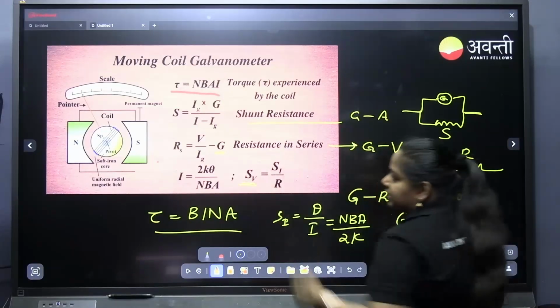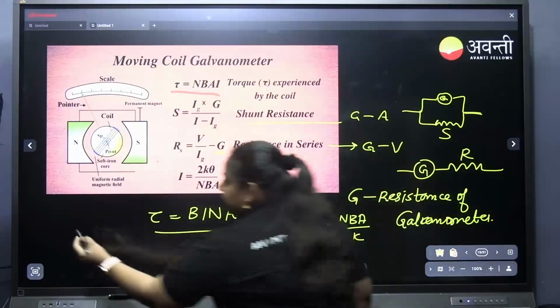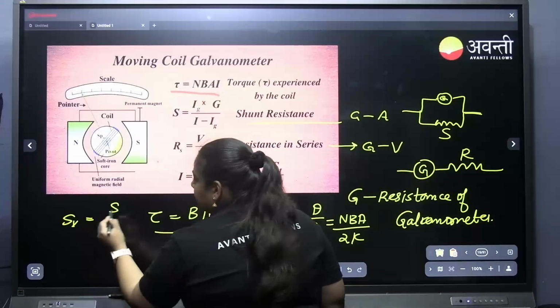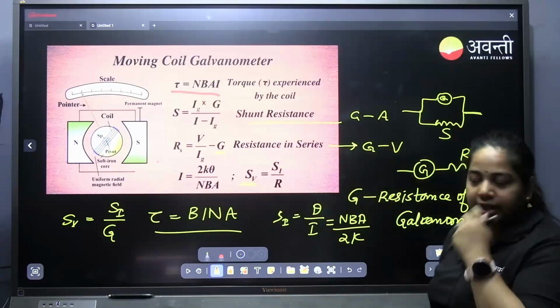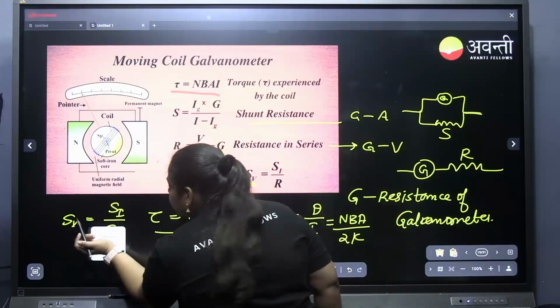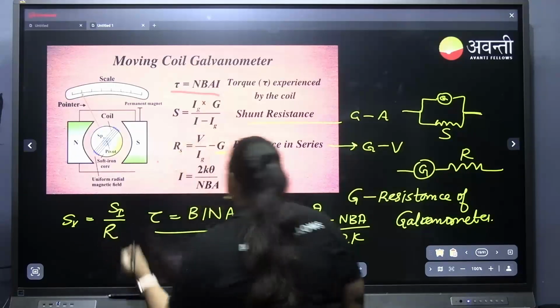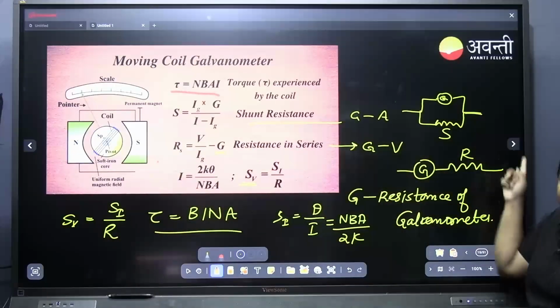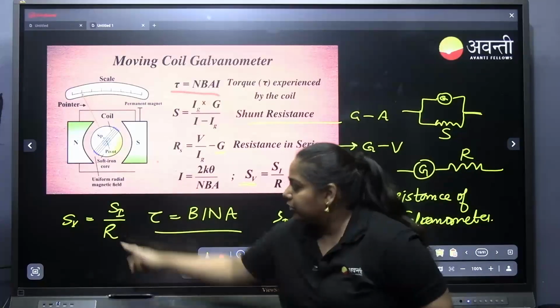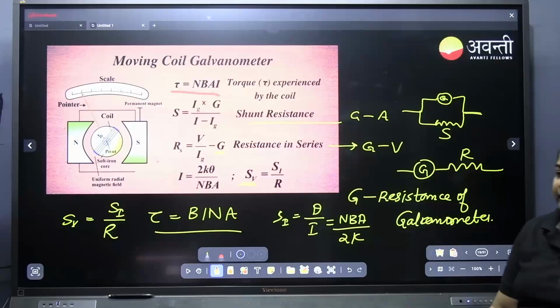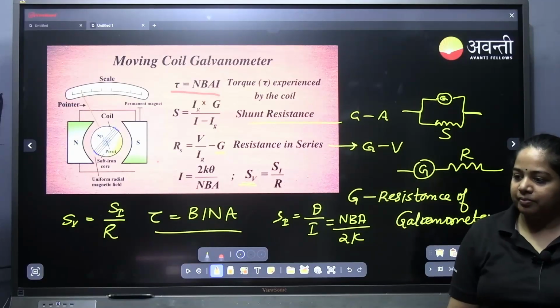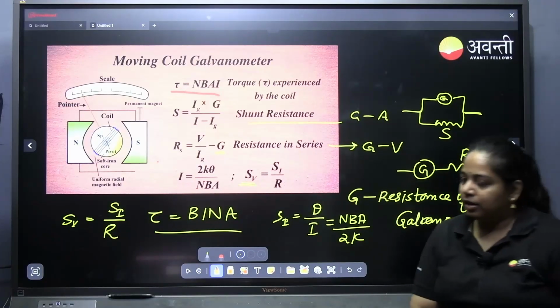This is voltage sensitivity. How do we calculate voltage sensitivity? That is equal to current sensitivity by R. Not G, sorry, R. Which R is this? The one we connected in series, the same R we have to use here. These are the formulas related to the galvanometer. Is that clear? What is K?